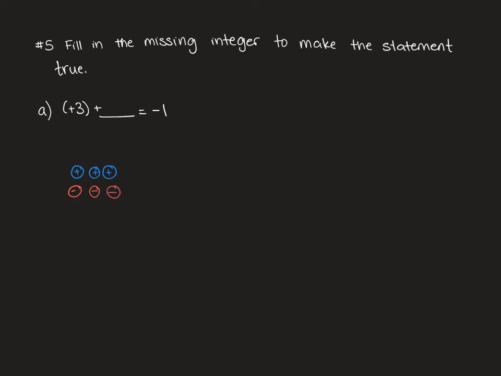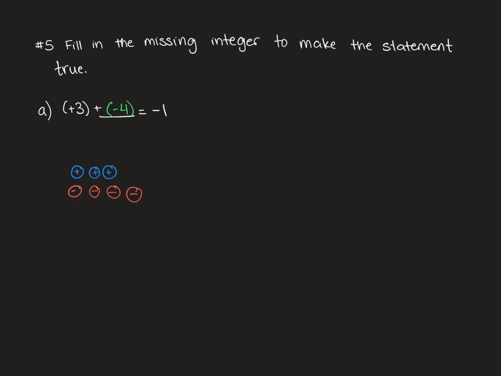If I add another, that means I am left with 0 because they all cancel each other out. And if I add one more, I'm left with -1 because these cancel each other out and I have 1 negative. So I added 4 negative chips, which means I need to add -4 to make this statement true.